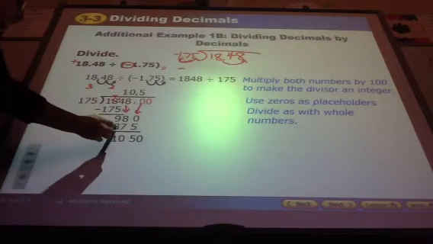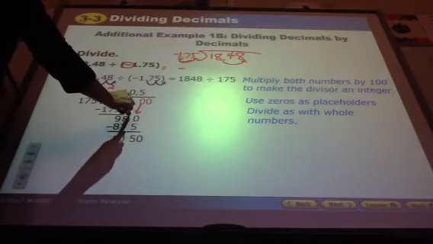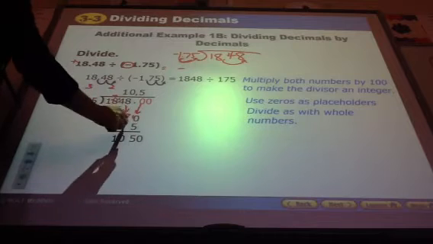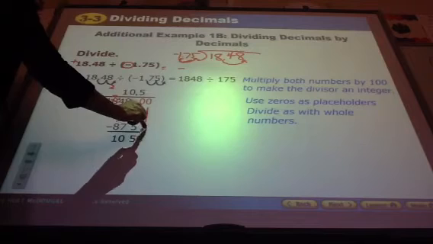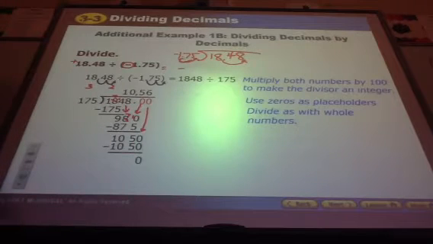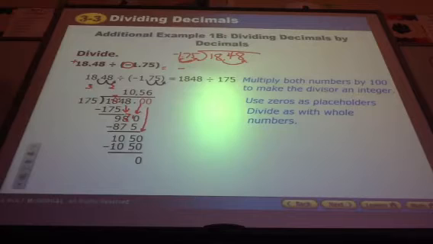And 5 times 1 is 5, plus the 3 is 8. And when I subtract, I get, borrow, get 10 minus 5 is 5, 7 minus 7 is 0, 9 minus 8 is 1. Bring down the last 0, and 6 times 175 is 1,050, so I end up with 0.